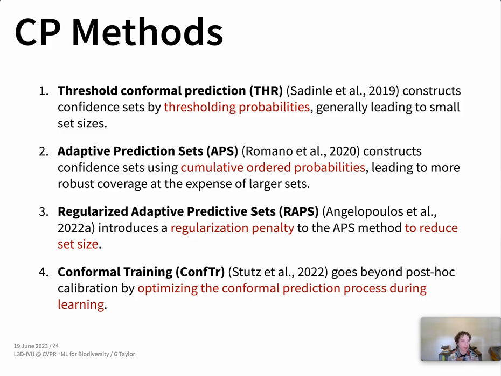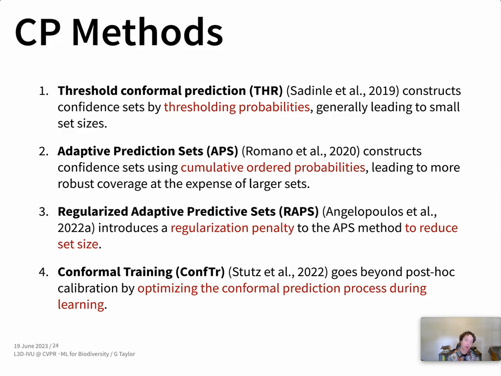out calibration set. Adaptive prediction sets, or APS, construct confidence sets using cumulative ordered probabilities. So as you start with the highest, say, softmax output class, you add it to the set, and you keep on adding classes according to that sorting until you've exceeded a certain amount of probability. And again, that amount of probability, that threshold, is chosen using a calibration data set. And this leads to more robust coverage at the expense of larger sets.